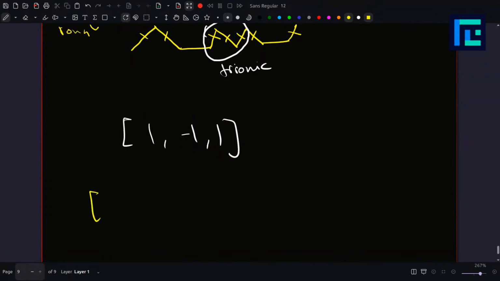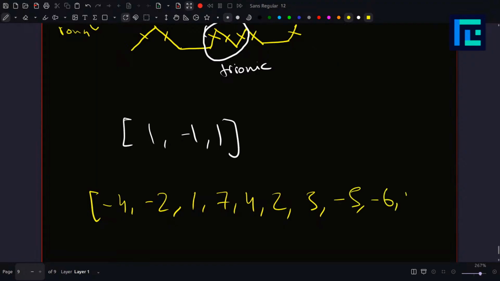So let's say we have something like minus 4, minus 2, 1, 7, then a decreasing portion like 4, 2, 3, minus 5, minus 6, then again an increasing portion like minus 2, 10. So basically we have something which follows this structure, a trionic subarray.